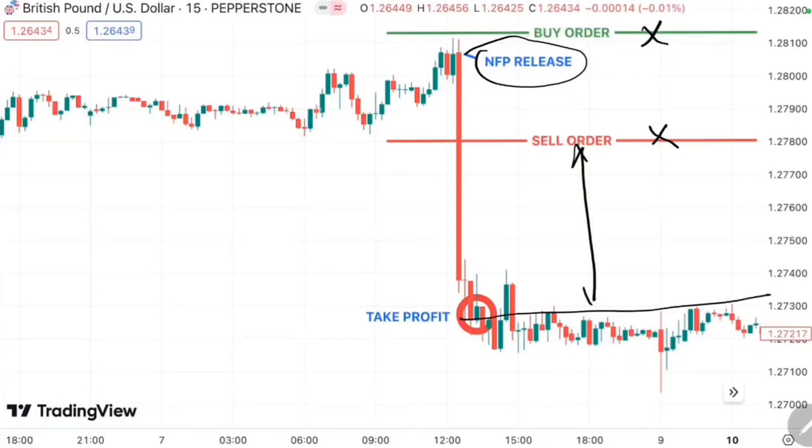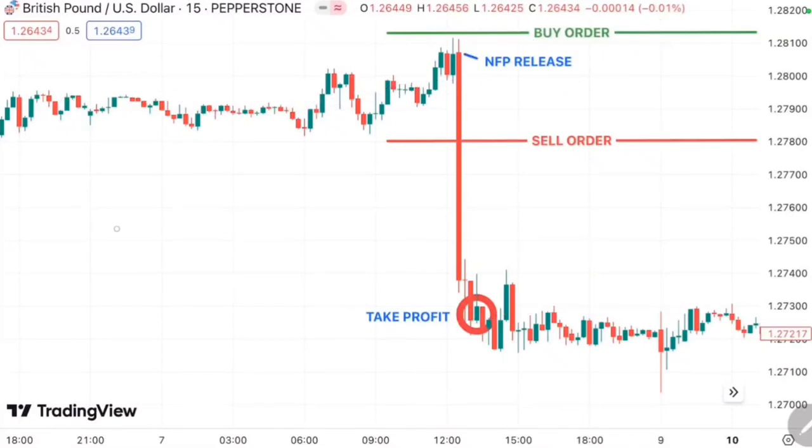Okay, so you can see here that this was where the market was before the news was released. There was a consolidation, and then the sell stop order was activated, and the take profit was hit on just one candle. All right, that is the efficacy, or how good this strategy is when it comes to trading the high impact news release.